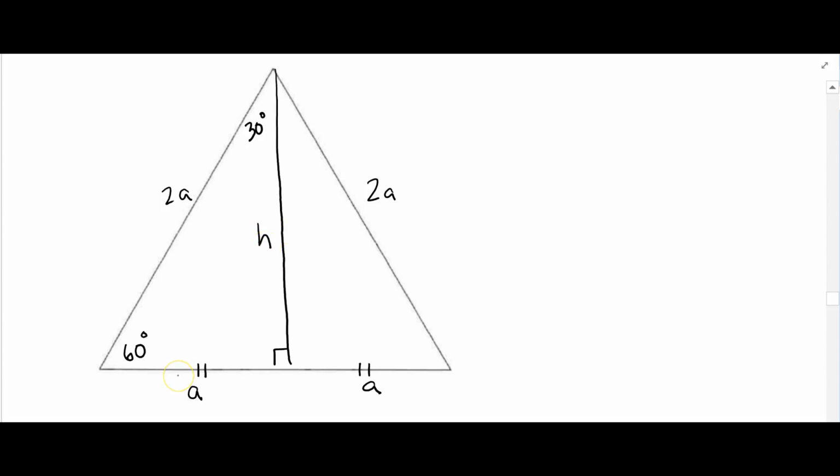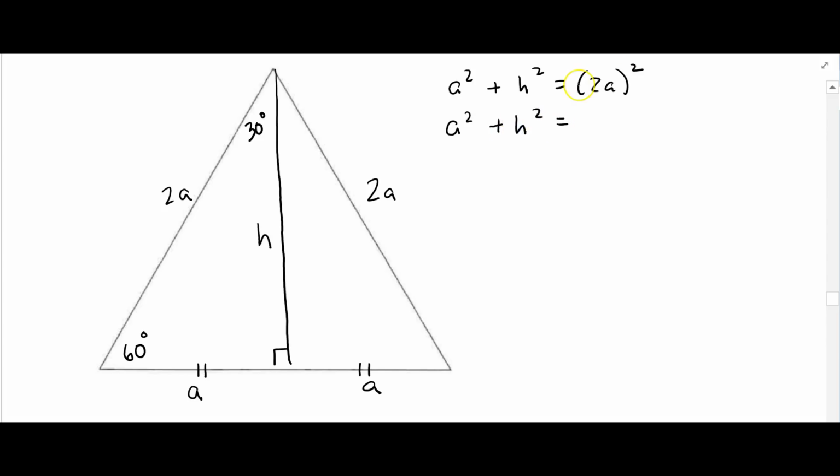So it's a right triangle. I'm going to use the Pythagorean theorem. So I have a squared plus h squared is equal to 2a squared. Just applying the Pythagorean theorem, we just don't have very many numbers in this equation here. So let's go ahead and simplify a little bit. I have a squared plus h squared.